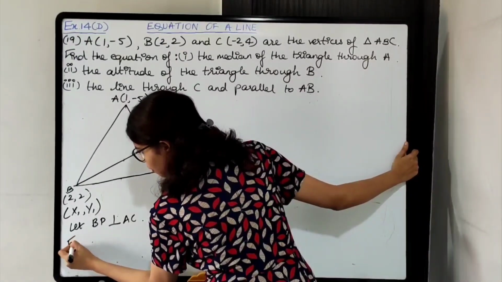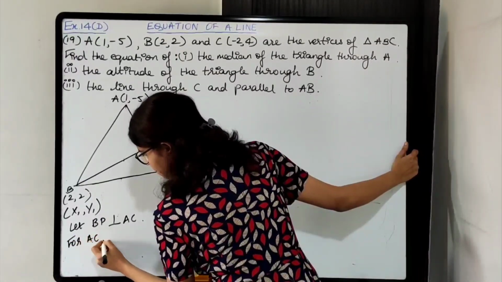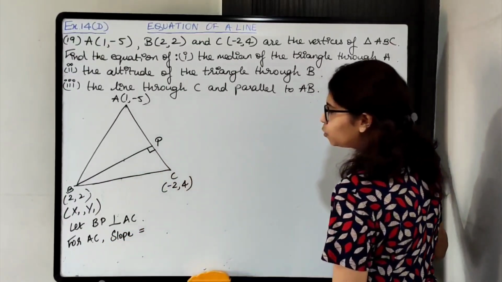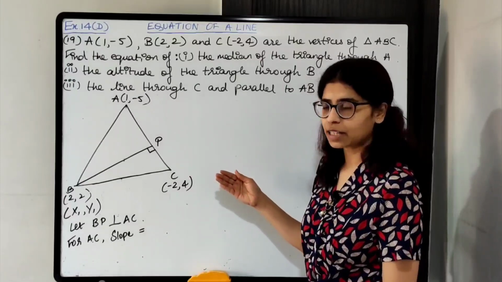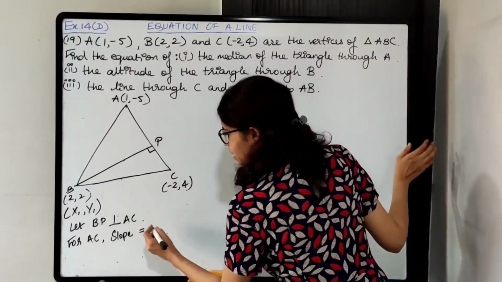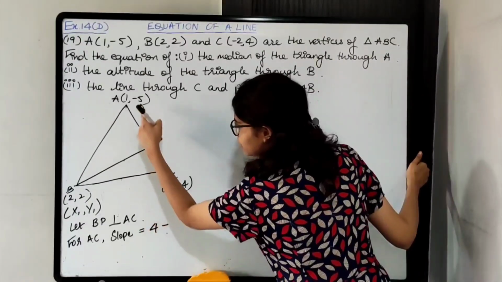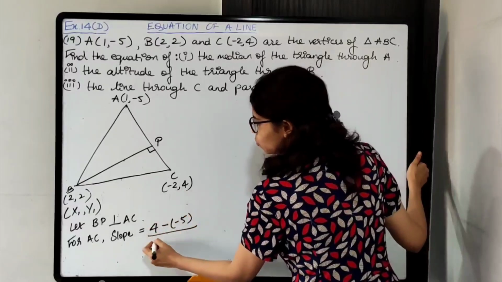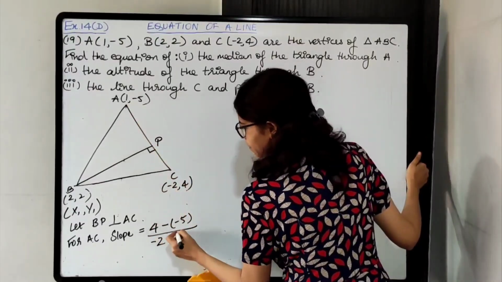So for AC the slope will be equal to, y coordinates पहले subtract करेंगे. So I'll subtract from C first. 4 minus -5 and -2 -1.